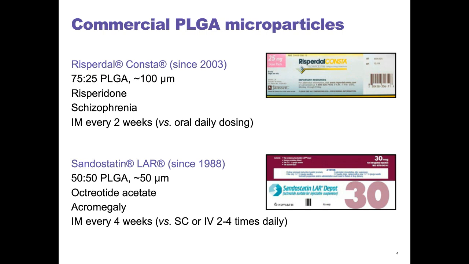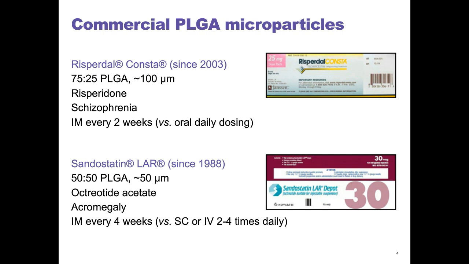And the same holds true for Sandostatin LAR, which has been on the market since 1988. It has a 50 to 50 lactic to glycolic acid ratio and a particle size of approximately 50 micrometer. The particles are loaded with octreotide acetate, which is the acetate salt of a cyclic octapeptide that is used to treat acromegaly.